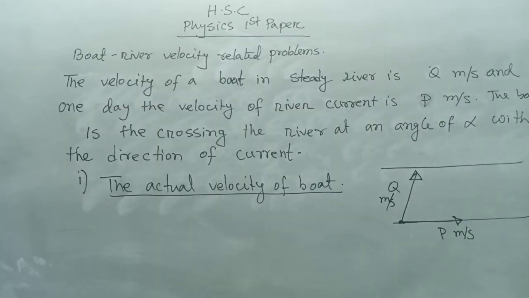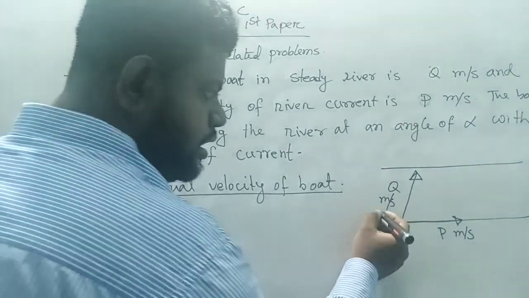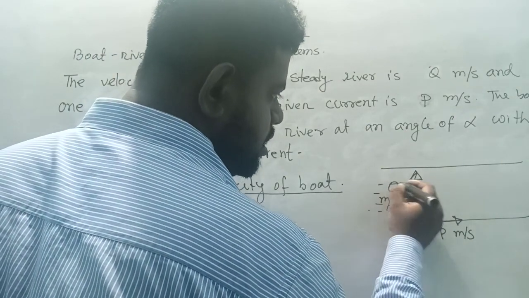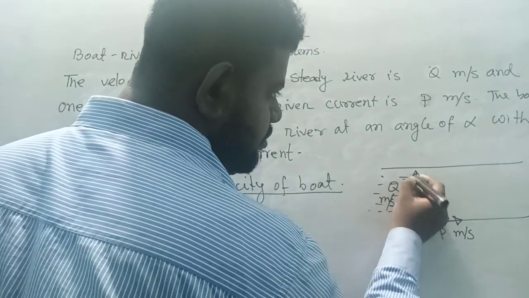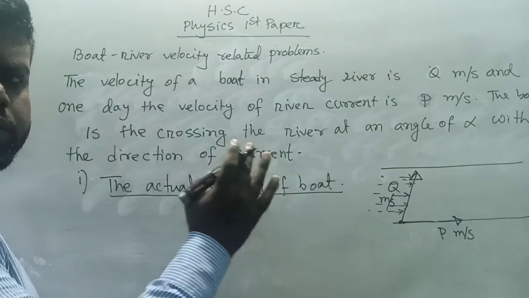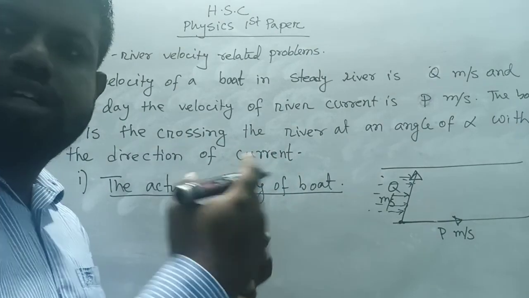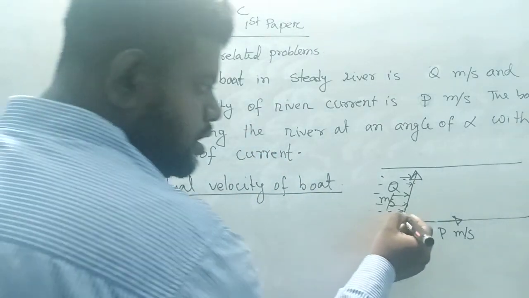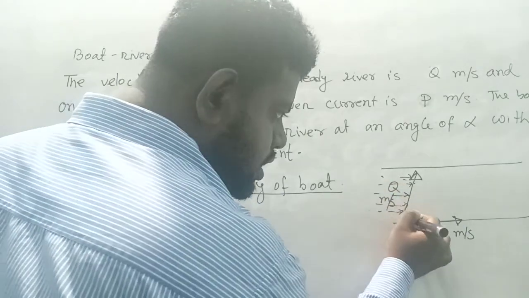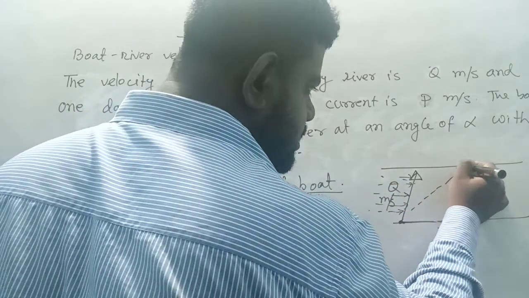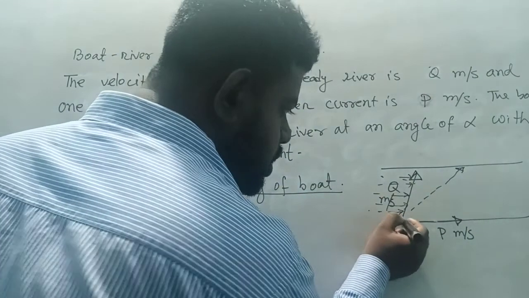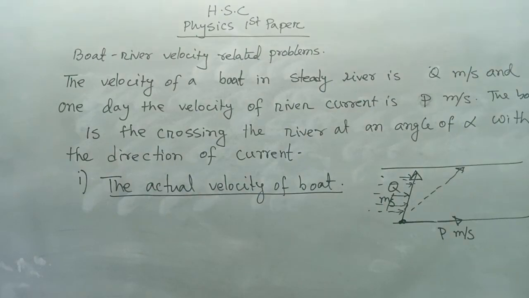So what is happening? Look, the river will give you a push at each and every point, so you will be diverted from your direction. So actually, your direction will move like this. On this point, two vectors are acting simultaneously.